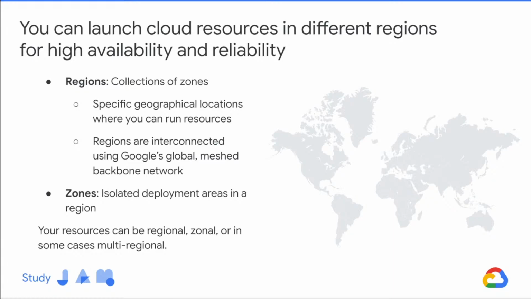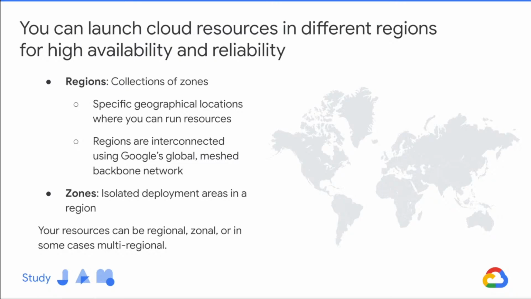To enable fault tolerance, you should deploy your application across multiple zones. For example, if a zone is affected by a network outage, your application will still continue to function if it is deployed across multiple zones.